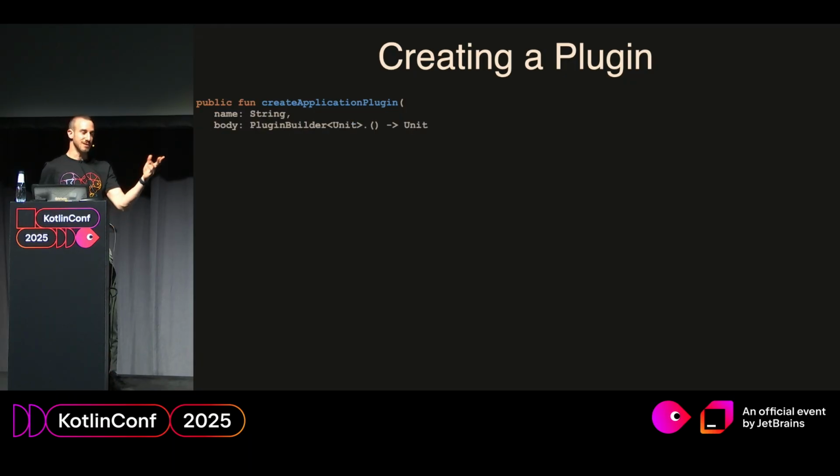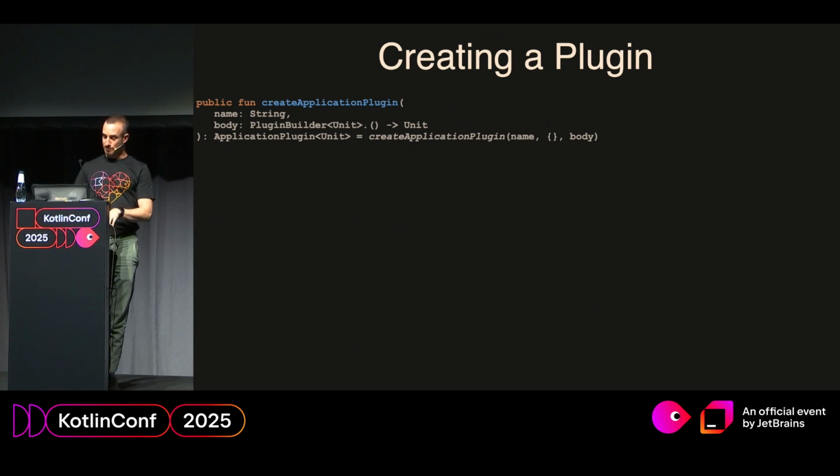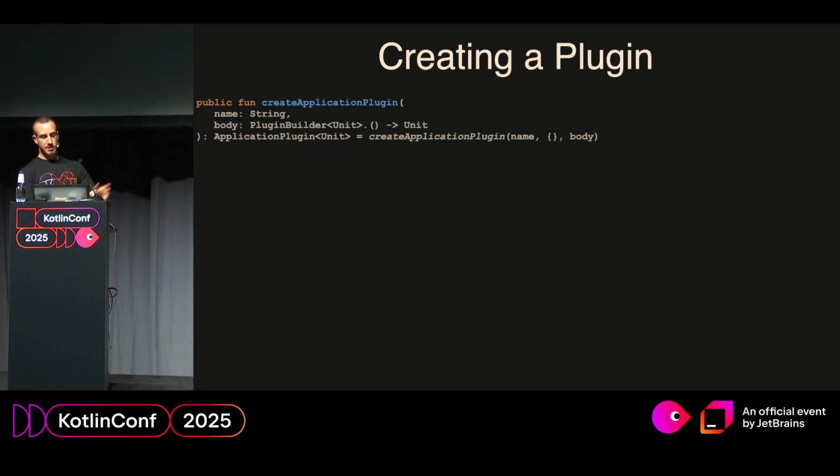Well, this is not us defining, sorry. This is the actual function from the plugin API. So this is the application plugin creation function, which accepts a name and a body, which is just do something with the plugin builder. You create a plugin with a name, and then you do whatever you want with it.